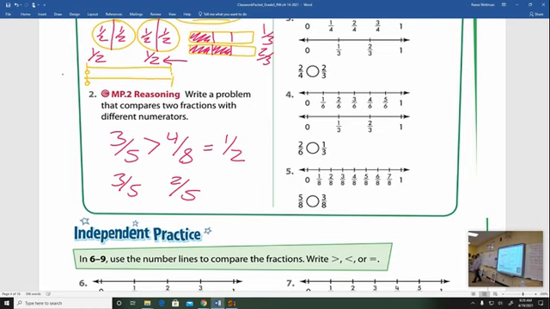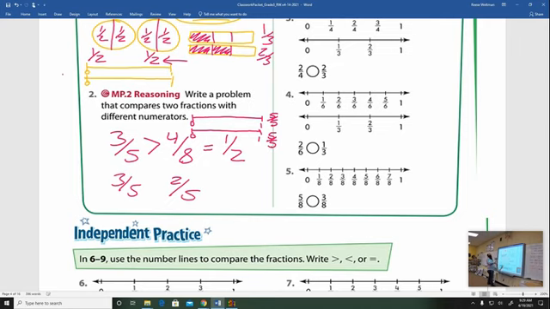3/5 is greater. Now, we talked about this before, and this is going to make more sense looking at a number line. But check this out. If you had two number lines, 0 to 1, and remember, guys, in this case, the 1 is going to be 5/5 because we've got a 5 as our denominator, right?